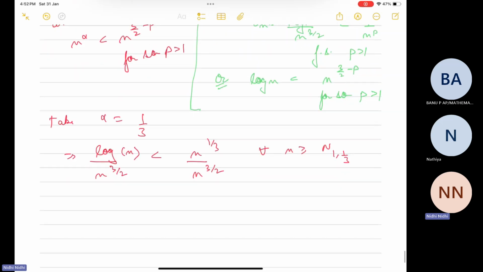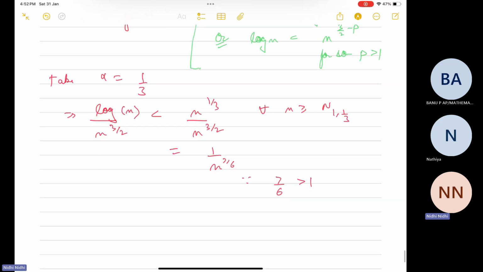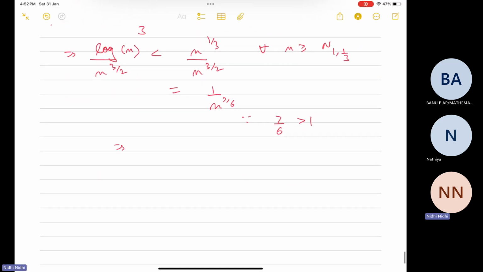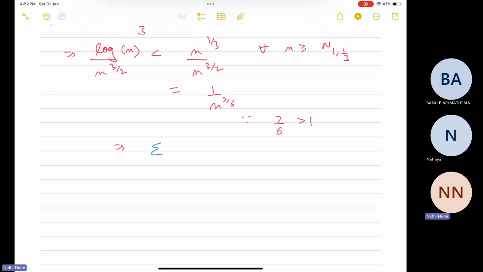Now this will be 1 upon n to the power 3 by 2 minus 1 by 3, which will eventually be 7 by 6. Now since 7 by 6 is greater than 1, this implies summation 1 by n to the power 7 by 6 is convergent.